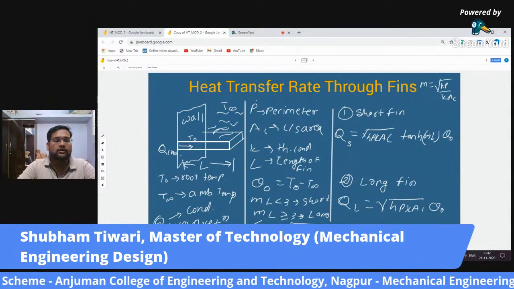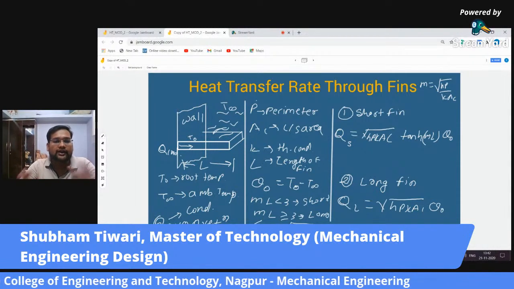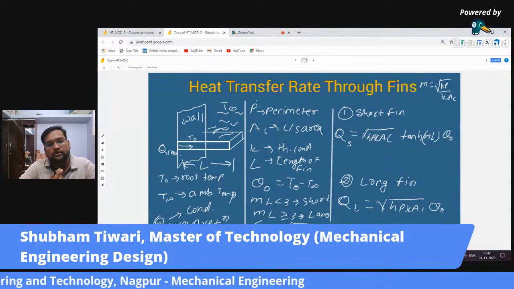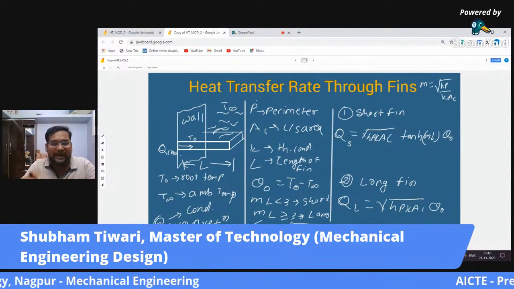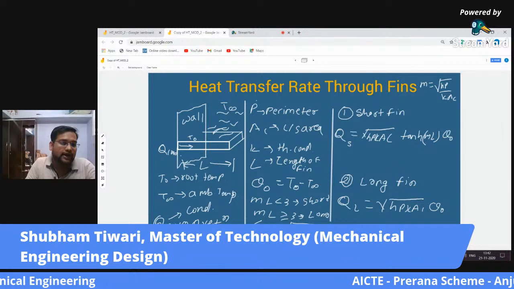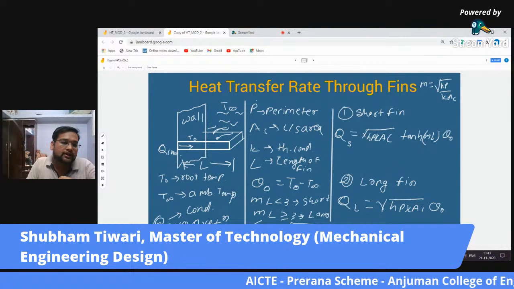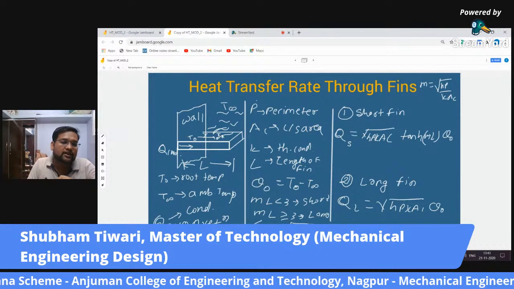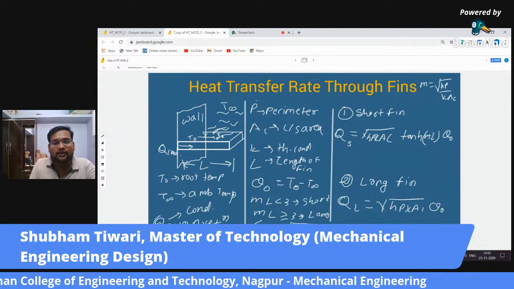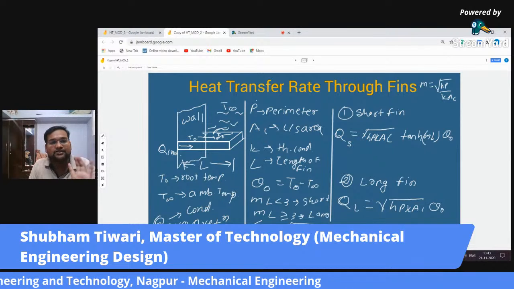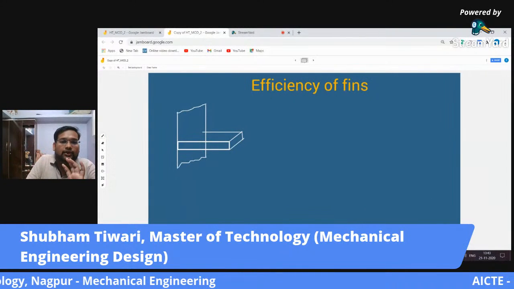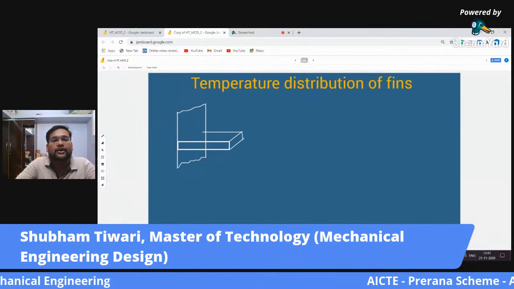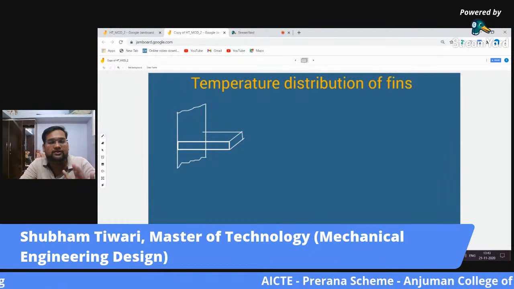Now we have found the rate of heat transfer through the fin. Suppose practically, and in the exam, we need to find the temperature at a point at a distance x from the root, and that temperature is T1. How are we going to find it? That is our next topic: temperature distribution of fins.